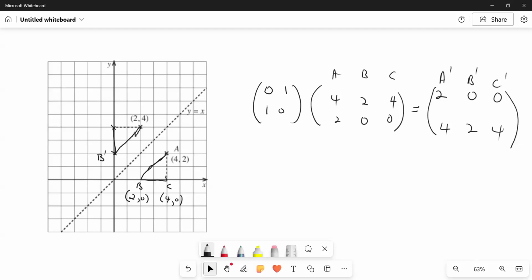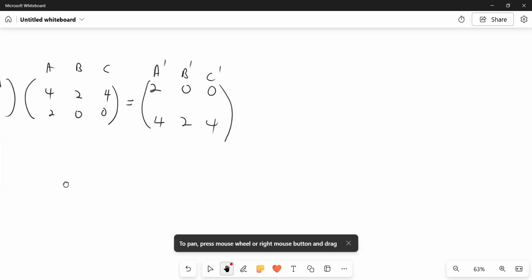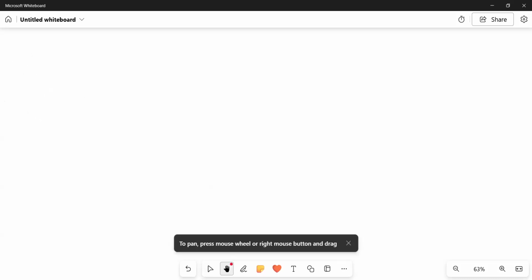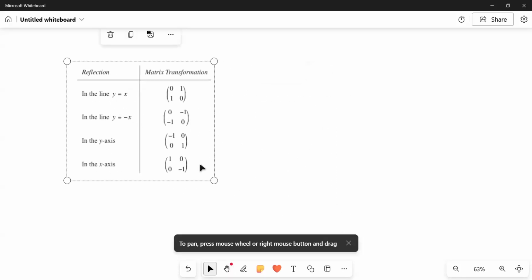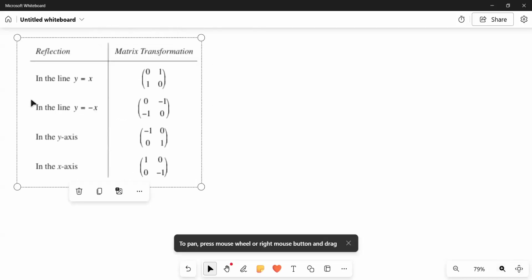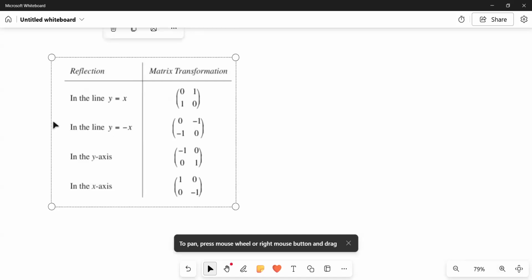Let me move this aside. Yeah, so this is the one we used just now, a reflection in the line y equal x.